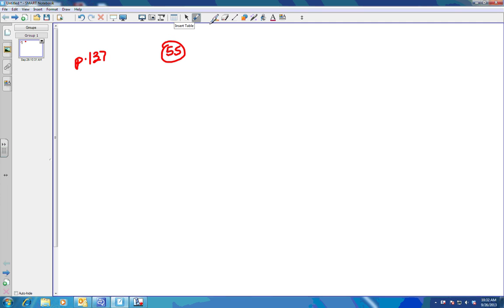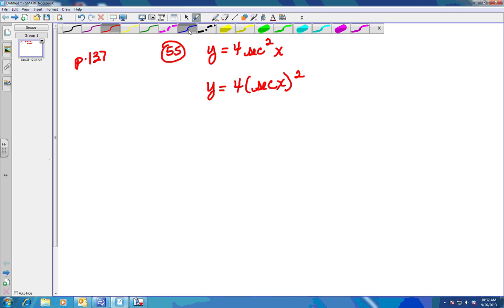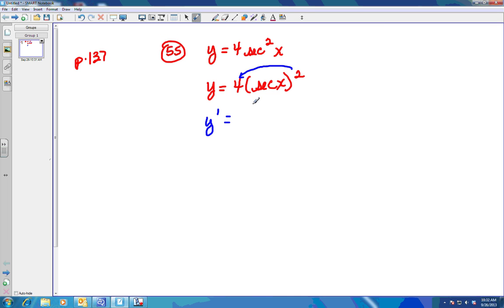55 says y equals 4 secant squared x. So the first thing we're going to do on all of these is rewrite any of them that we can. And I can rewrite this as 4 times secant x quantity squared. So once I rewrite it, I should be able to use the chain rule. Chain rule says bring down your exponent. Since I already have a 4 there, that's going to become an 8.